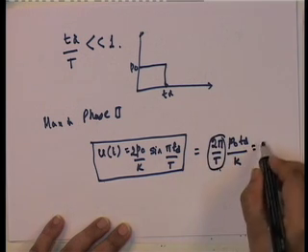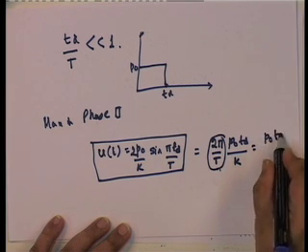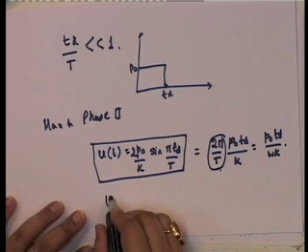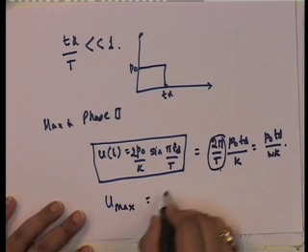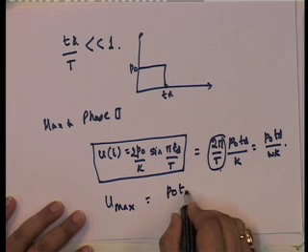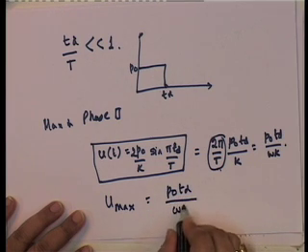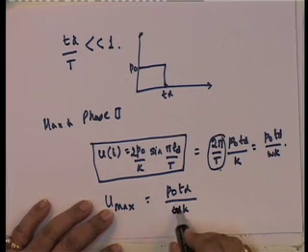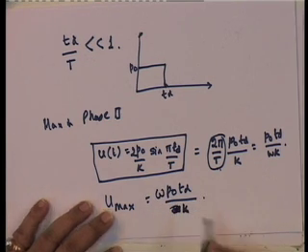So, I will call that P naught Td upon omega k. So, u max is equal to P naught Td upon omega k. And I am sorry, the omega is on top, omega Td upon k.